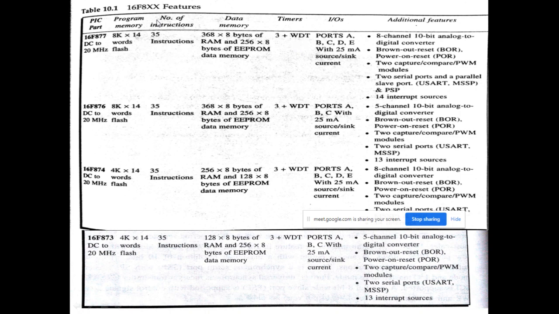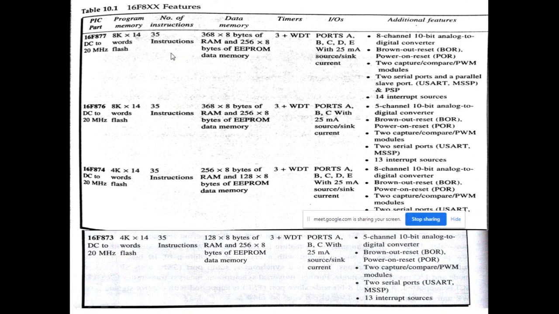Very important feature of all these family members is that all the family members have the same set of instructions. The instruction set is only made up of 35 instructions. As you know, PIC is a RISC type of computer, reduced instruction set computer, and therefore has a very small number of instructions, and the same instruction set is applicable.